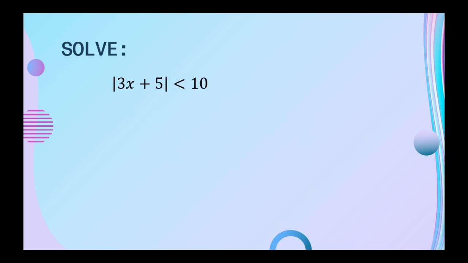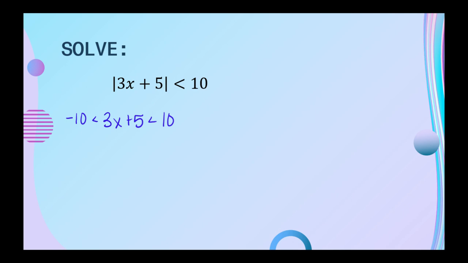Let's try another one. Again, pause the video, try this one on your own, see how far you get, and then compare. So we're going to set up our 2 equations here. 3x plus 5 is less than 10 and greater than -10. Again, I knew this was a compound inequality, and I knew it was going to be an and because of the less than.